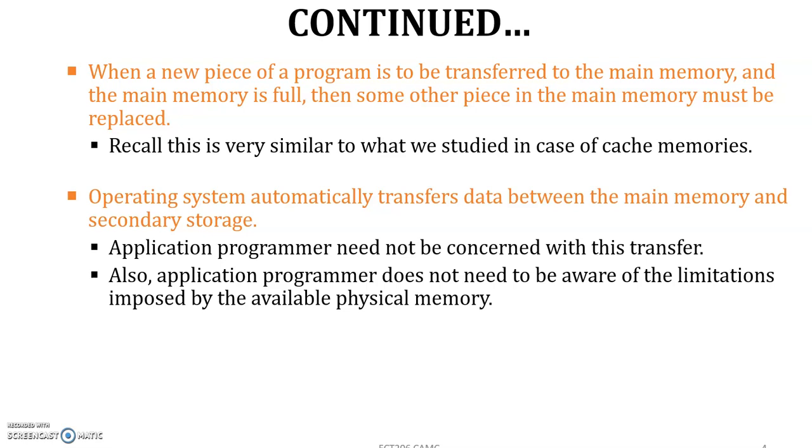We place a copy of data from the main memory in the cache memory, but if the cache memory is full and we need to transfer some data from main memory to cache memory, we replace the unused blocks in the cache. The same thing happens in the case of virtual memory also. We place a copy of data from the secondary storage in the main memory, and if we need to copy some data but the memory is full, we replace the pages in memory.